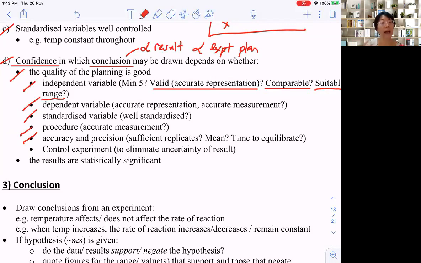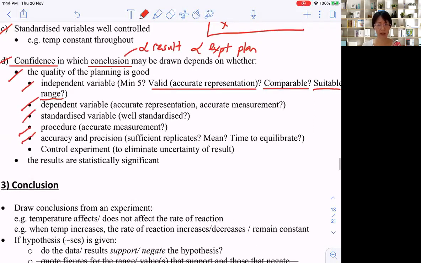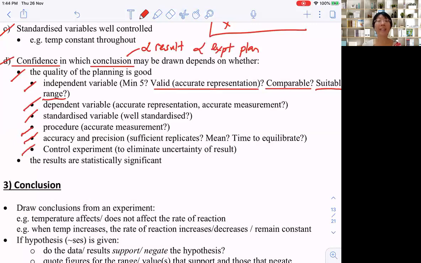Okay. What kind of instrument do you use to do the measurement of, let's say, light intensity, color intensity, pH? What do you use to measure? A pH meter is more accurate than a pH indicator, okay?